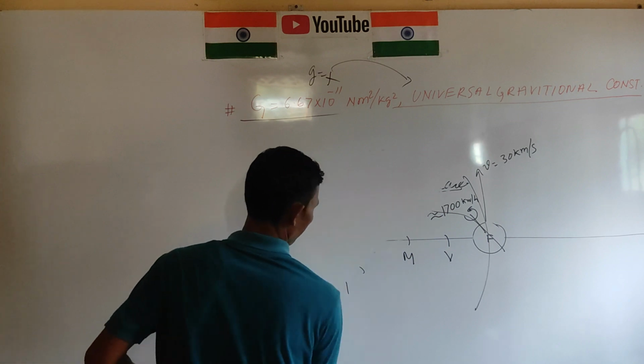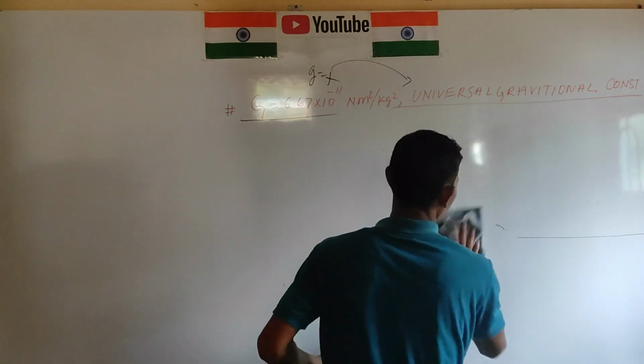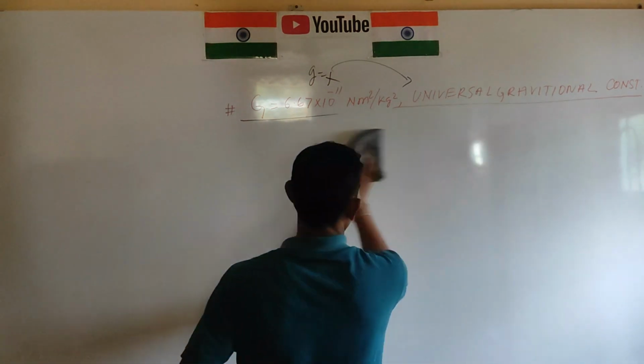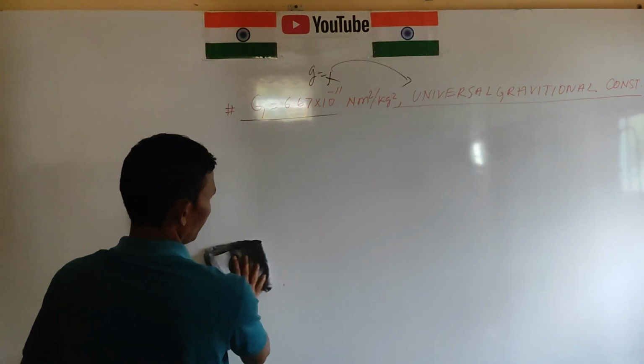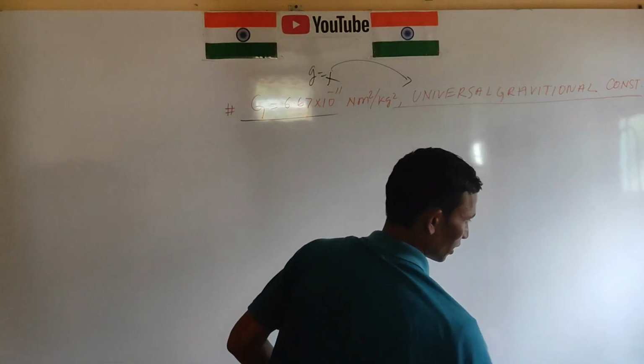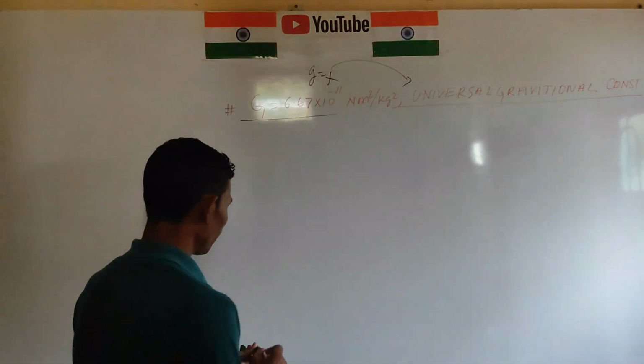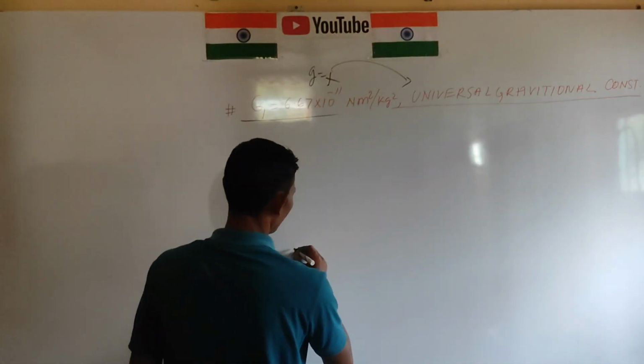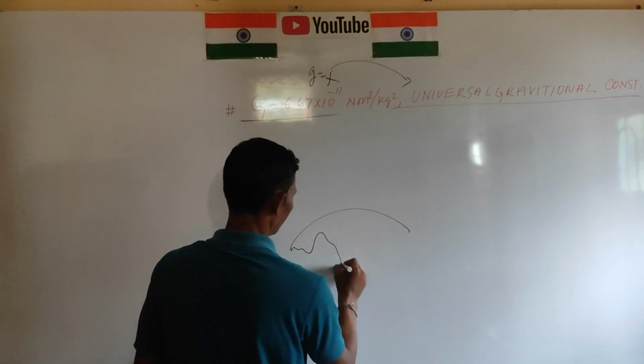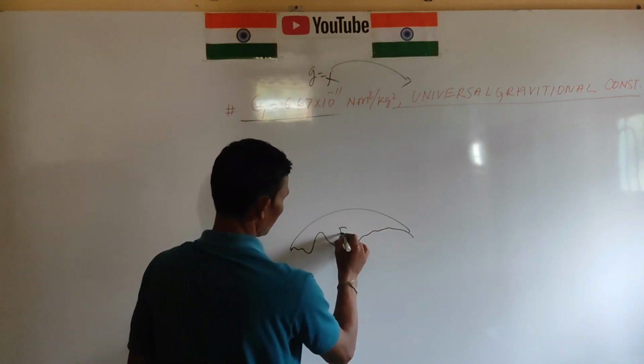So first we calculate in our clinic. Here we calculate the value of capital G on the Earth. Okay. Here is Earth.